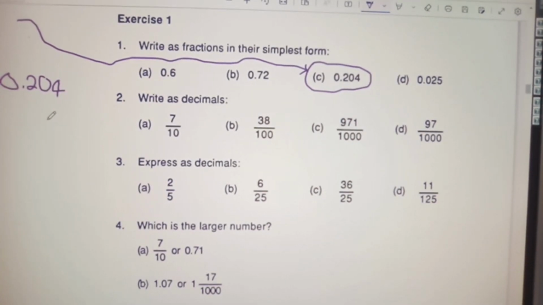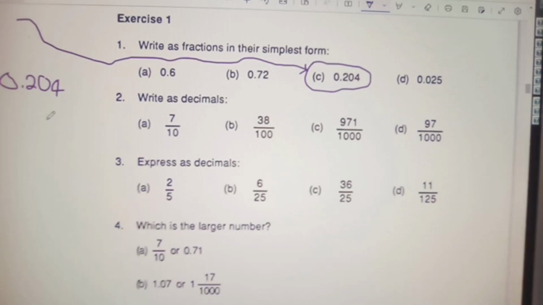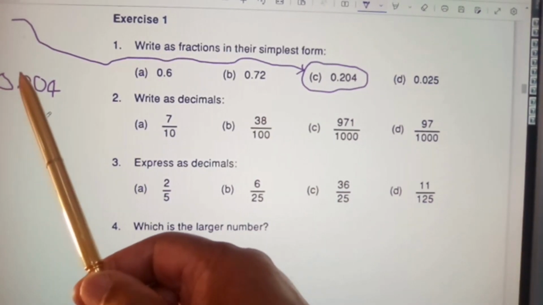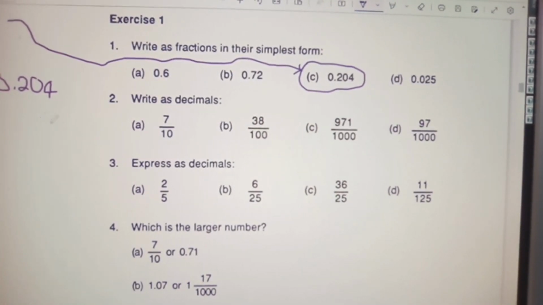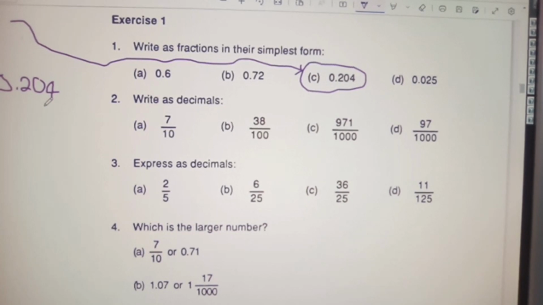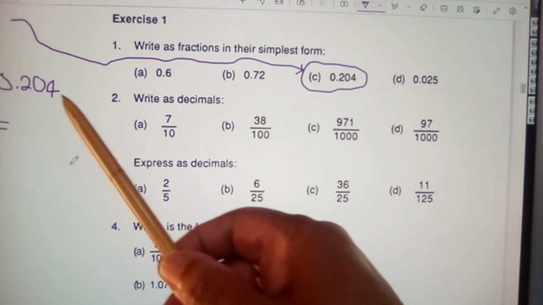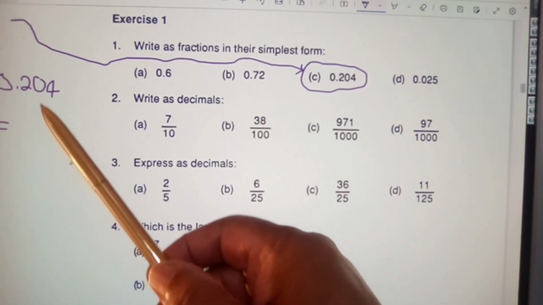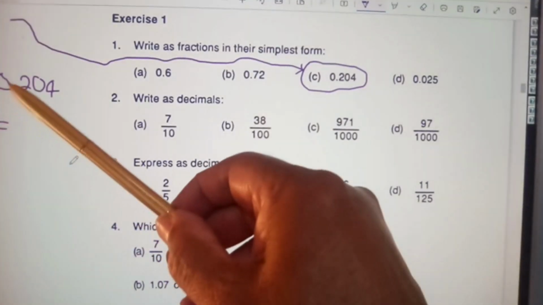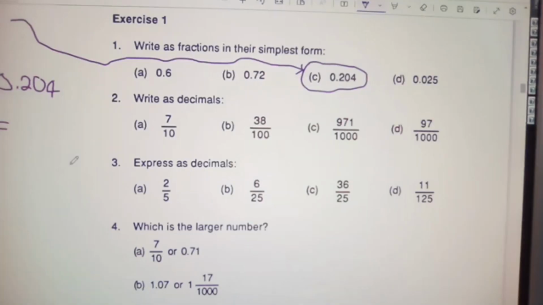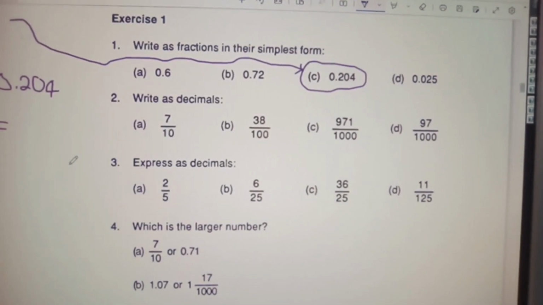Now we need to put this in a manner, and as I said, we have to move this 1, 2, 3 places to the right. And we're going to look at bringing that as a whole number because we're going to put it over 1,000. So therefore it's going to equal, because we have to add a number of noughts to it, and we need to look at it as a whole number. Once we move the decimal point to the right, 1, 2, 3 places, it is seen as a whole number, okay?